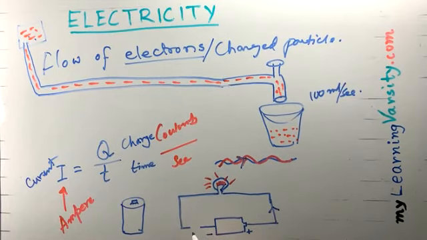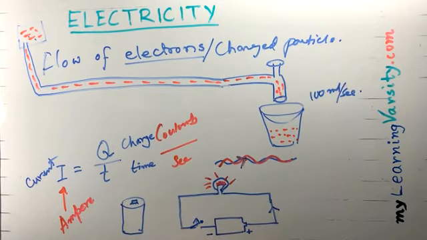For example, we can take a wire like this. If we push the wire here, this wire will connect like this. And if we move the wire like this, the wire will take position like this, so it will be disconnected here. So this is called a switch in the circuit.